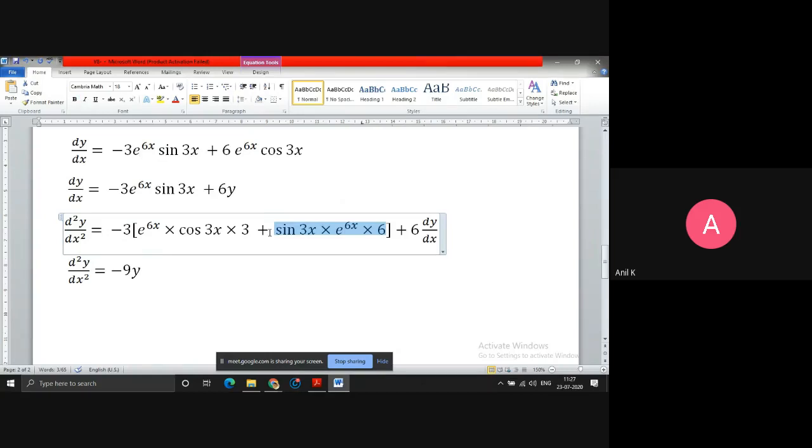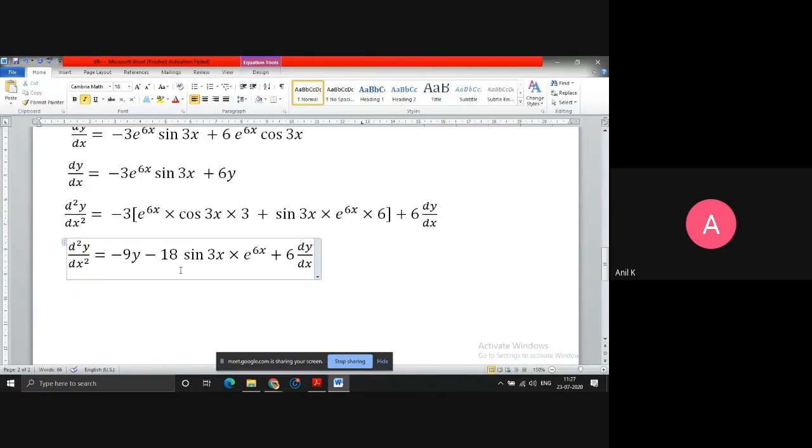So minus into plus is minus, 3 into 6 is 18. You will get minus 18 e power 6x into sin 3x. The same thing will be there. Then plus 6 dy by dx. If you want to simplify further, you can, or leave the answer here itself. Can I do any further simplification?